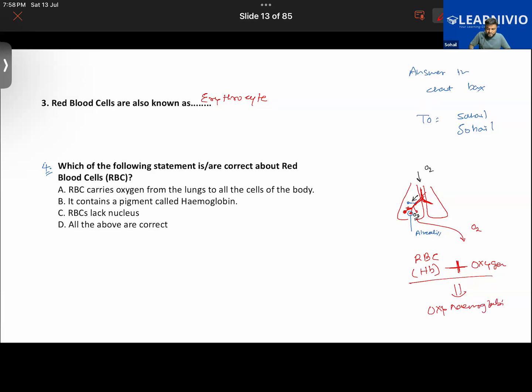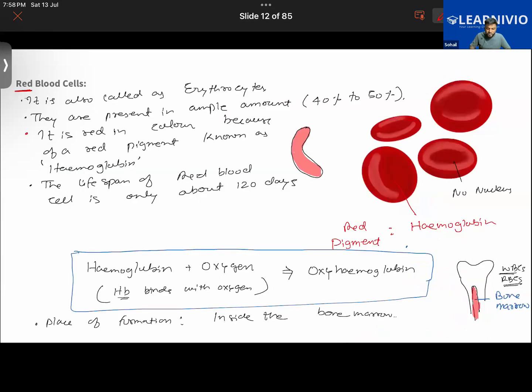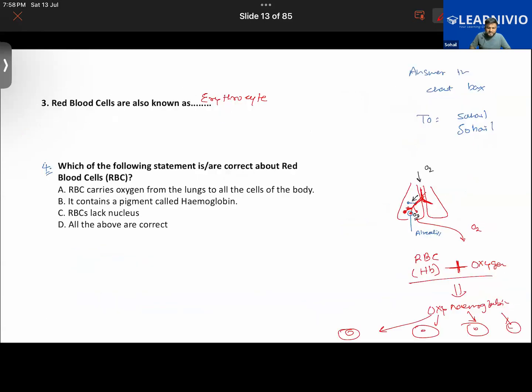Now this oxyhemoglobin goes to every cell in your body, wherever oxygen is required. That is how red blood cells carry oxygen from the lungs to all the cells of the body. A pigment called hemoglobin reacts with oxygen and forms oxyhemoglobin. The spelling is oxyhemoglobin. That's how it happens. So that is also correct. The first one is correct and the second one is also correct.